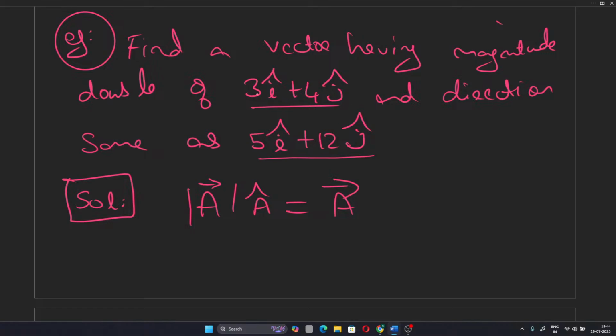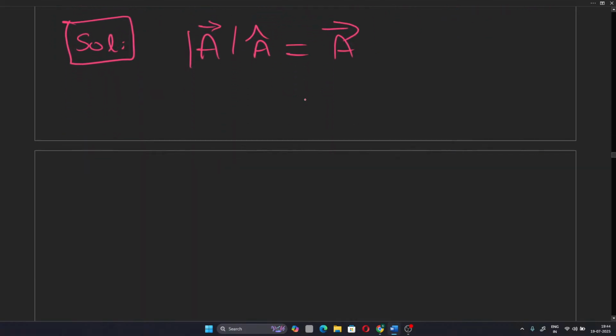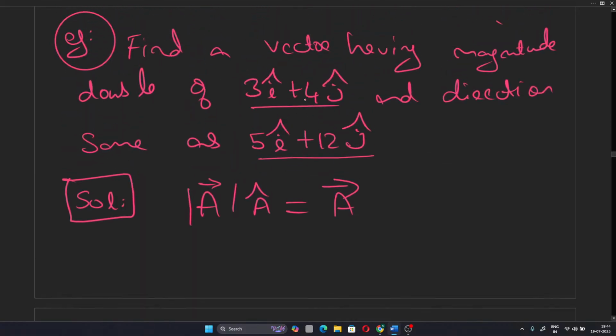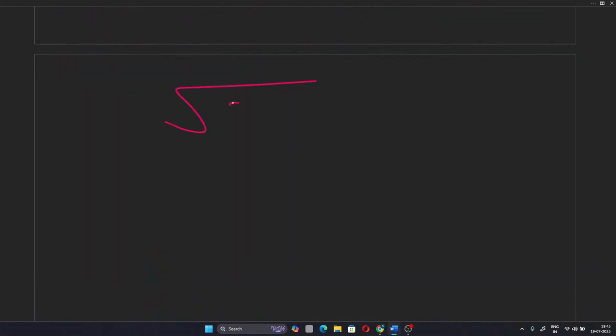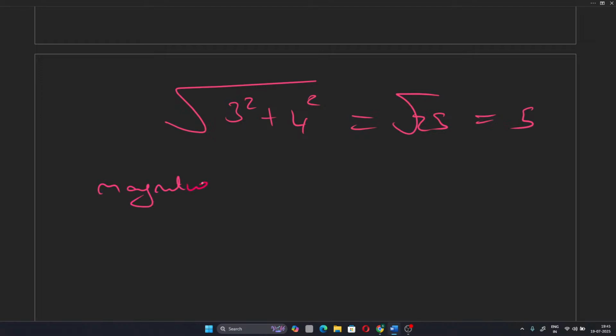And since it should have the magnitude of the other, we'll find the magnitude of that. First, let's find the magnitude of 3i cap plus 4j cap, which is root 3 square plus 4 square, which gives root of 25, which equals 5. So the magnitude equals 5 units.